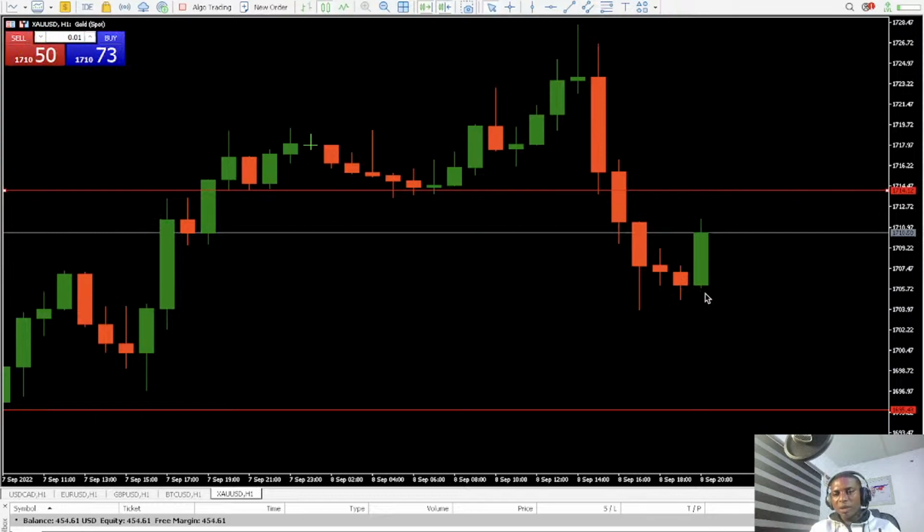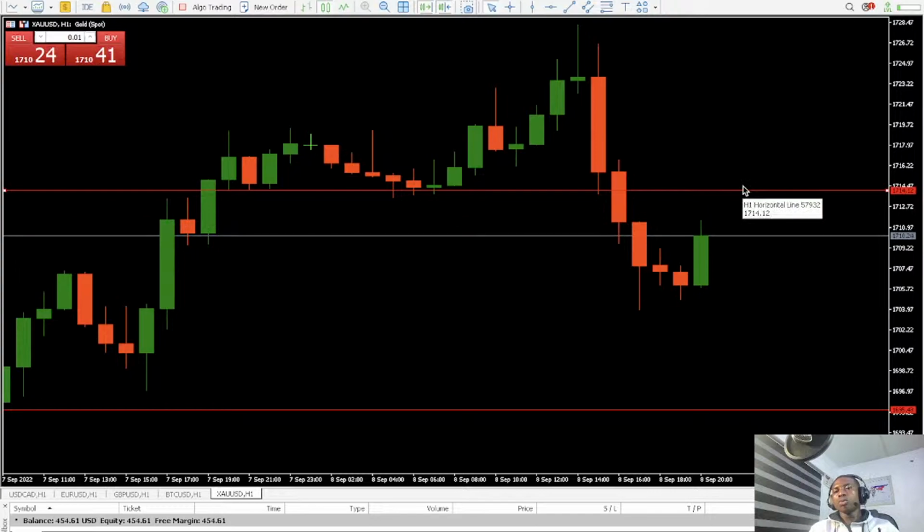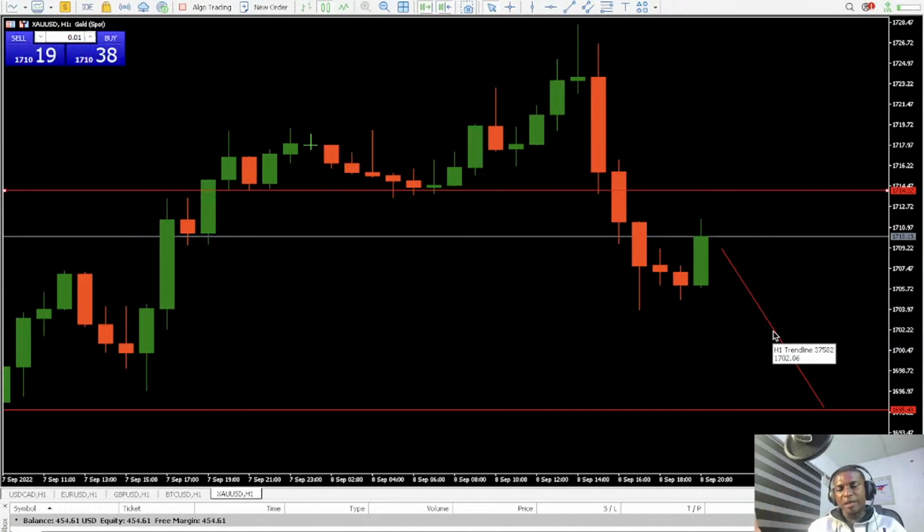But there was now a retracement. This retracement is telling us one thing: price would most likely still go back in the bearish direction, coming down to this level before making an upward movement, if the support is strong enough to hold it.